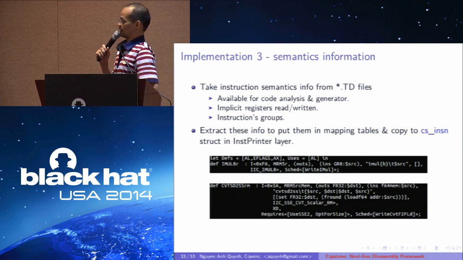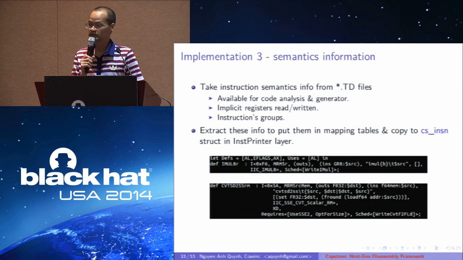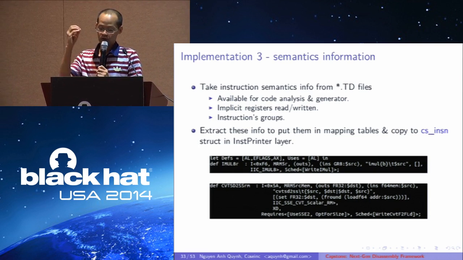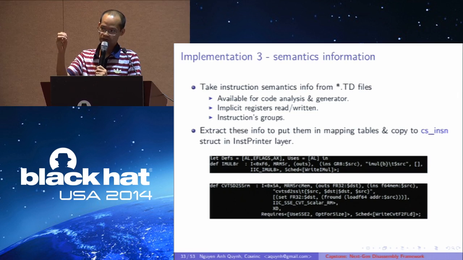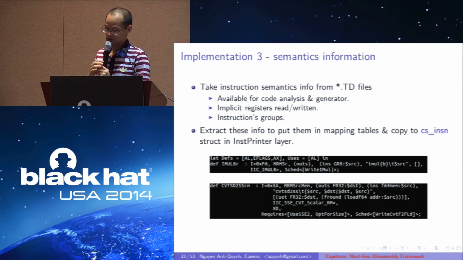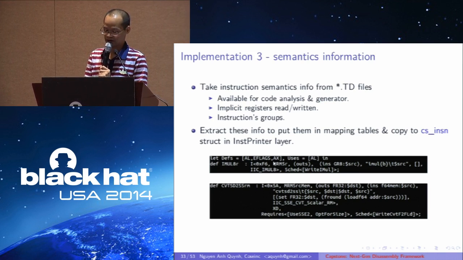The next part I had to do is that we want semantic information, right? You want to know which register this instruction reads, which register this instruction modifies, and which groups this instruction belongs to. So for example, you can see here the imul instruction uses the AL register, and as output, it modifies AL, EFLAGS, and AX.